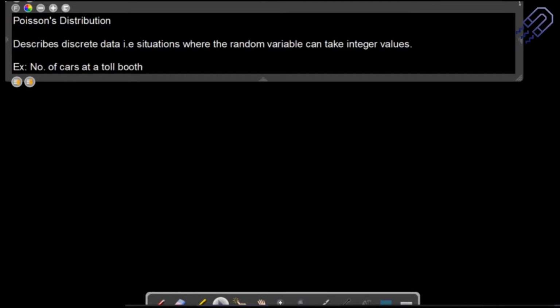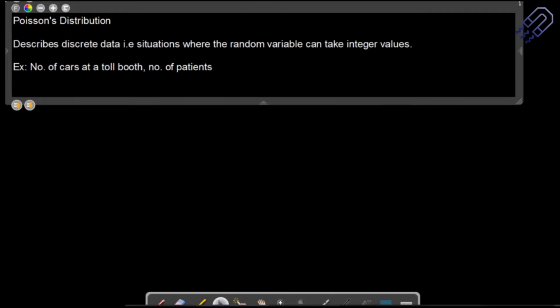How many cars will pass at a given point of time is more or less discrete in nature. It's not constant. Or the number of patients in a hospital, which keeps varying from time to time, so you can take these kinds of examples.